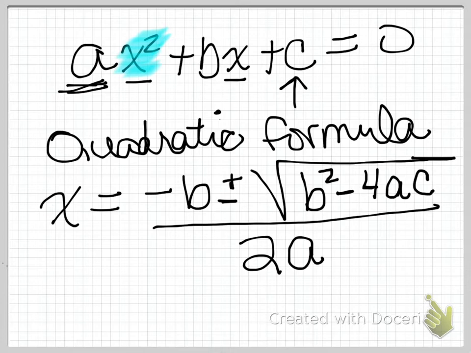Please, again, keep in mind, what are you actually doing when you're solving a quadratic equation? You are actually finding where, if anywhere, a quadratic equation crosses your x-axis. And if it does not cross your x-axis, your quadratic formula here is going to tell you that.